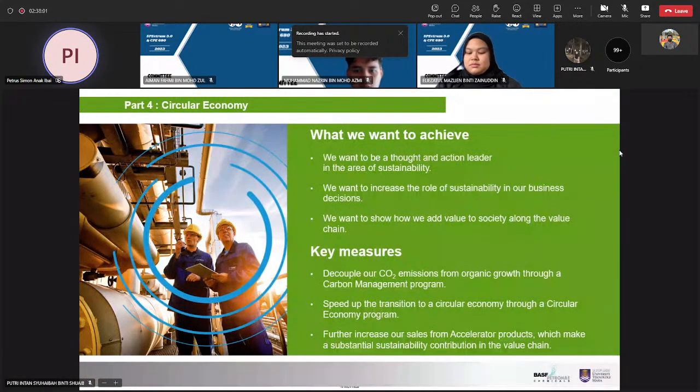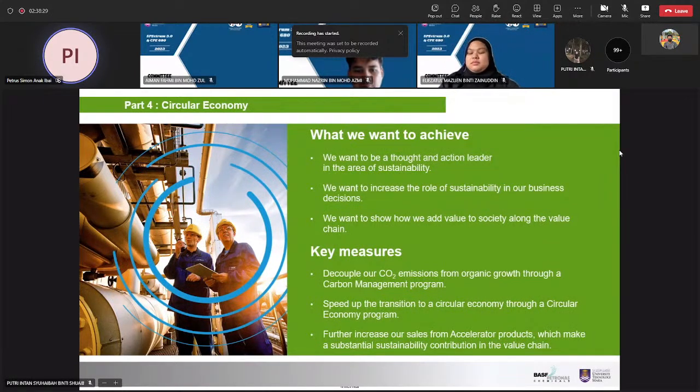So basically we want to be a thought and action leader in the area of sustainability. And we also want to increase the role of sustainability in our business decisions, of course. And we want to show how we can add value to society along the value chains. The key measures that we use for this circular economy approach are to decouple our carbon dioxide emissions from organic growth through a carbon management program.